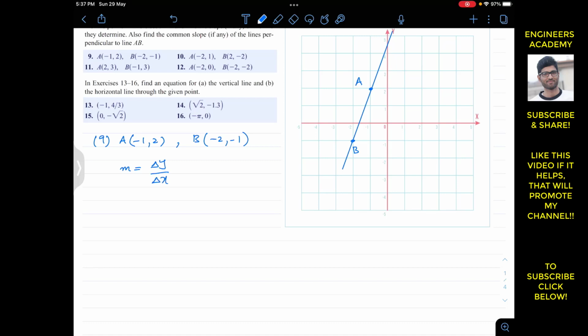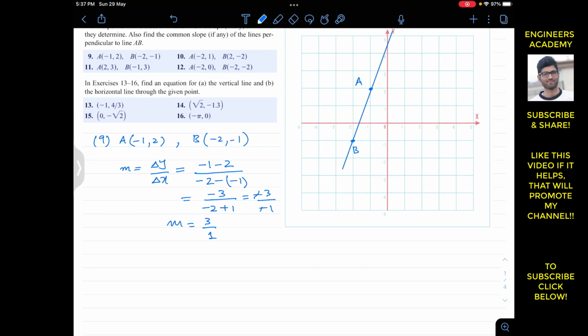The rise is the change in y coordinate, so it is the y coordinate of B minus the y coordinate of A, that is -1 minus 2, and the change in x is the x coordinate of B minus the x coordinate of A. So this is equal to -3 divided by (-2 plus 1), which gives us -3 divided by -1, and the minus signs cancel out, so we are left with 3 divided by 1.